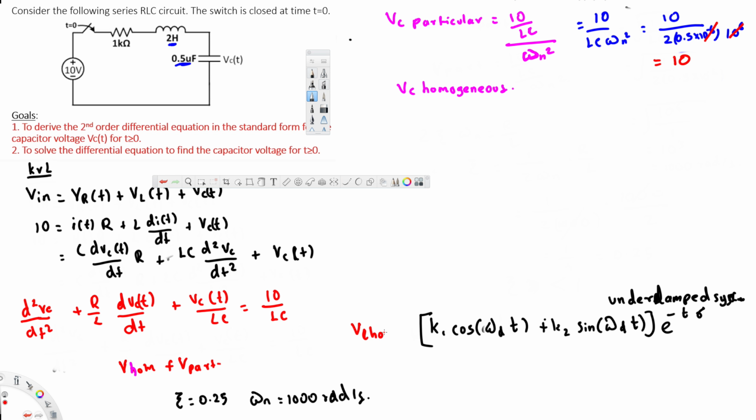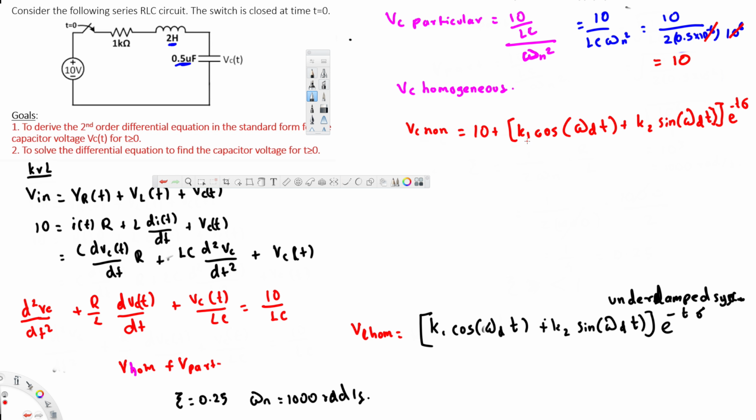And this is our homogeneous solution, which we found here, because when we have an underdamped system, this is going to be the pattern. That's how we derive this one. Now the non-homogeneous general solution is going to be the addition of these two: 10 plus k1 cos omega d t plus k2 sine omega d t, times e to the power negative t sigma.